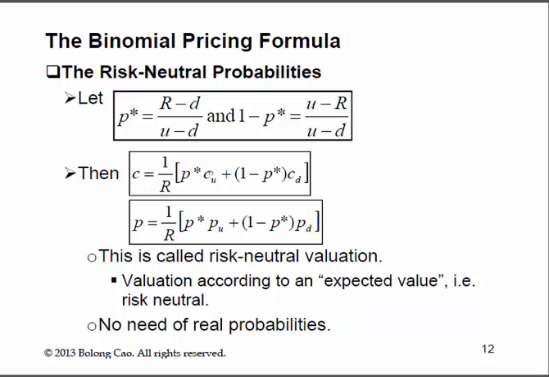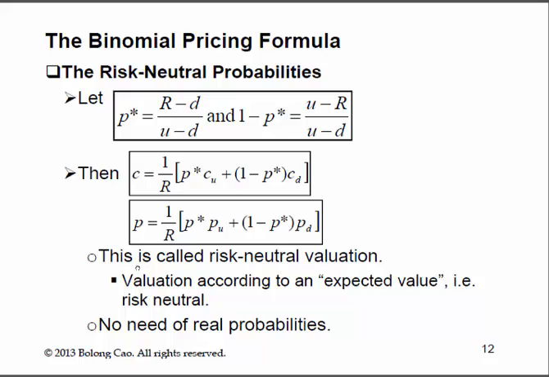You can think about the payoff for the stock: P star times the upstate payoff to the stock, and 1 minus P star times the downstate payoff to the stock, and you discount it, you will get S0 out. You will get the current spot price of the underlying.